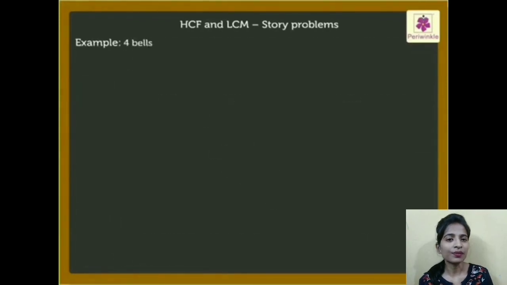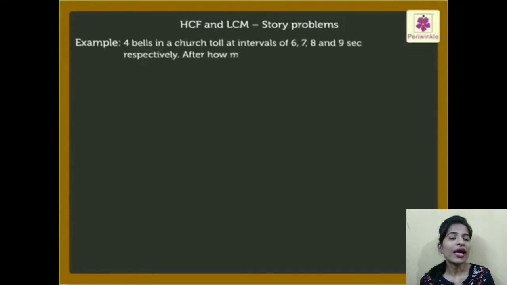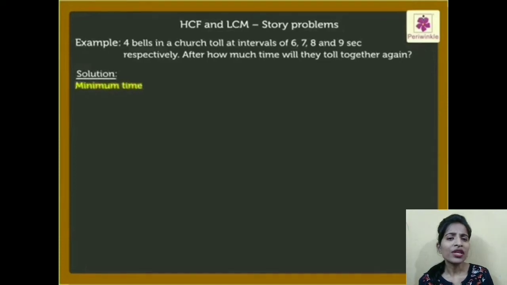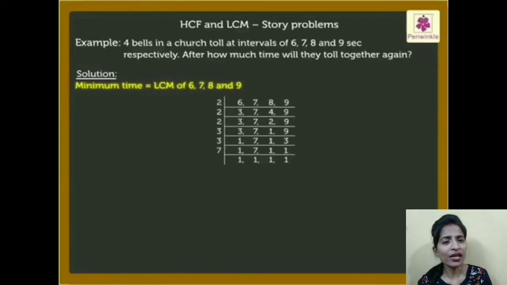Next example. 4 bells in a church toll at intervals of 6, 7, 8 and 9 seconds respectively. After how much time will they toll together again? In this question, we need to find the minimum time. It means we will find the LCM of 6, 7, 8 and 9.